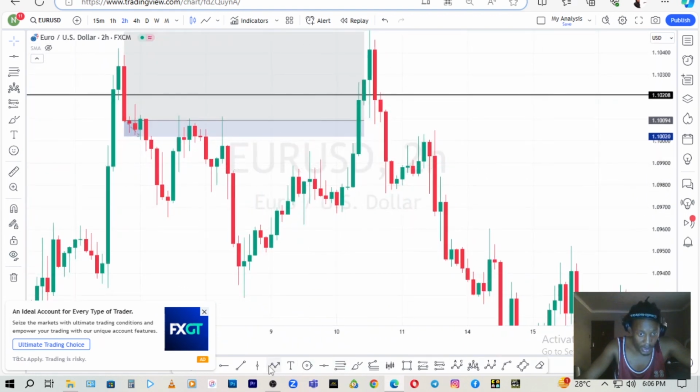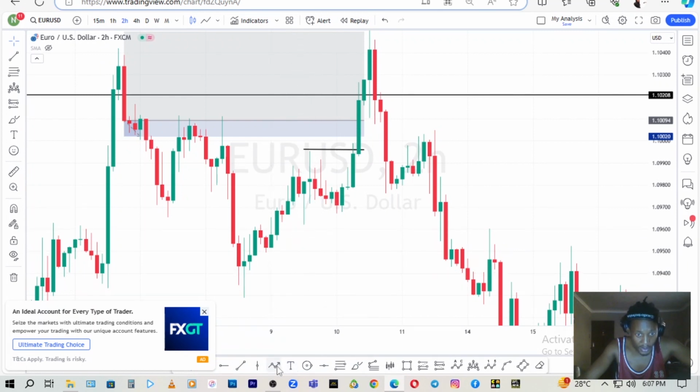simple. I just studied this move over here, how it went up. It was breaking highs, creating lows, creating new highs. Okay, it created this new high, it failed to create another high over here.